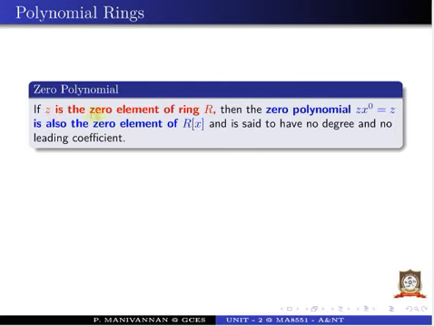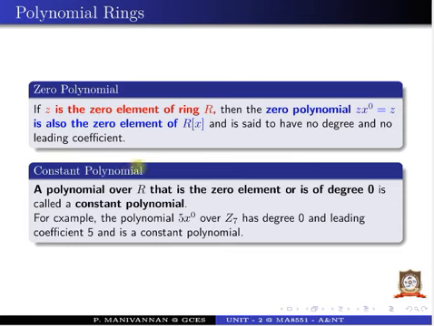If z is the zero element of R, then the zero polynomial z x power 0 equal to z is also the zero element of R of x. In R of x, the zero element is also z, which is known as the zero polynomial. It is said to have no degree and no leading coefficient.